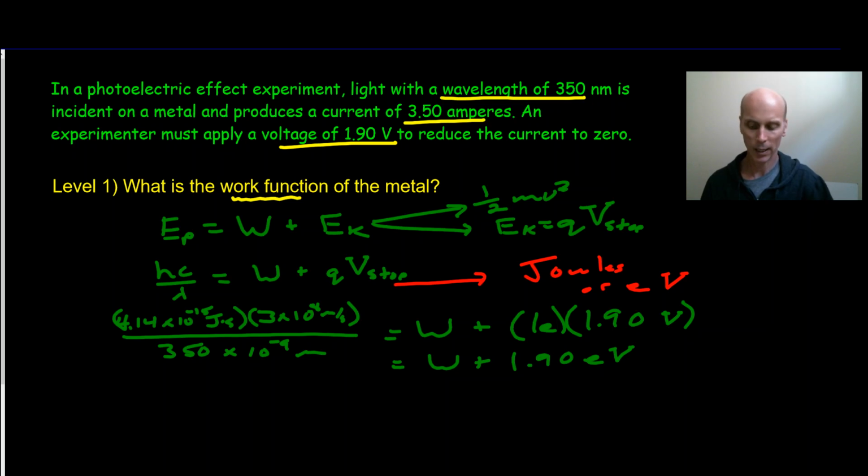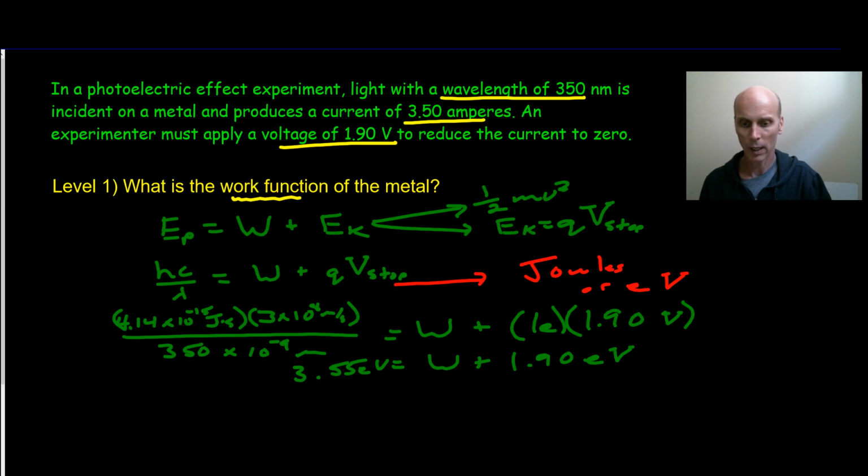And on the other side, we'll get our energy of the incoming photon in electron volts: 4.14 times 10 to the minus 15 times 3 times 10 to the 8th divided by 350 times 10 to the minus 9. I get approximately 3.55 electron volts.